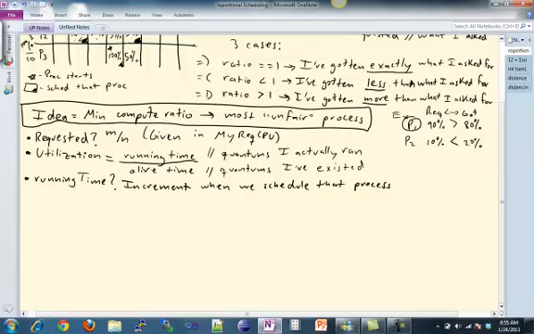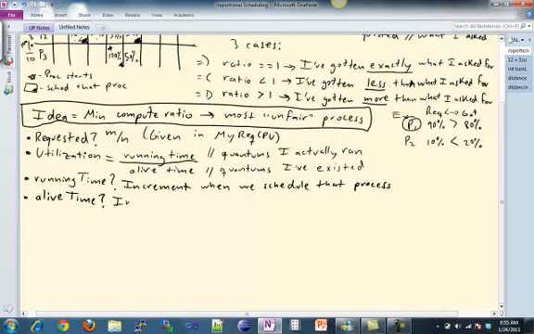Alright, so what about this alive time? Well, the alive time, we want to increment every quantum that passes for every process that exists at that moment in time, right? This alive time is incremented every single quantum, regardless of whether or not we actually scheduled that process, regardless of whether or not it actually ran.